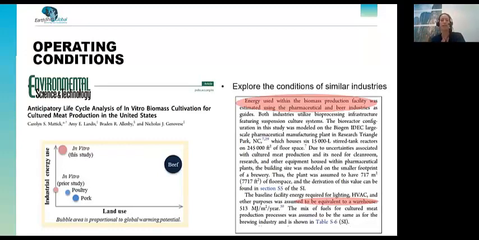I think these slides will be available, so you can also look at the study and see how they do that. Here I'm highlighting another example: the baseline facility energy required for lighting, HVAC, and other purposes was assumed to be equivalent to a warehouse. So they're borrowing information from other industries.